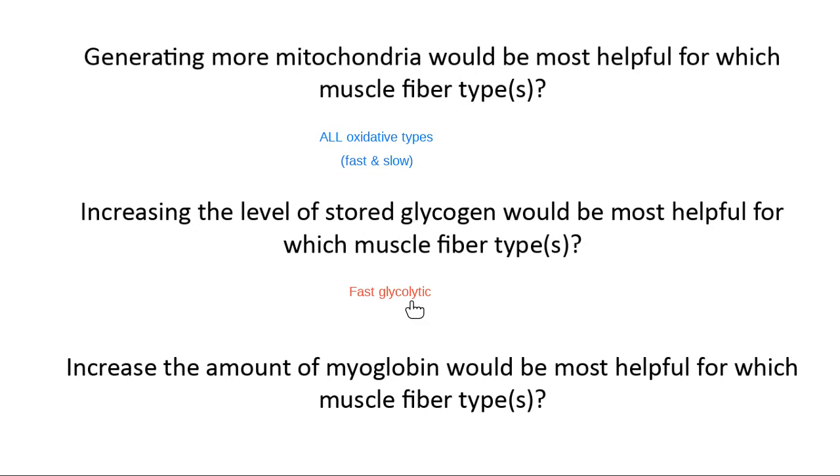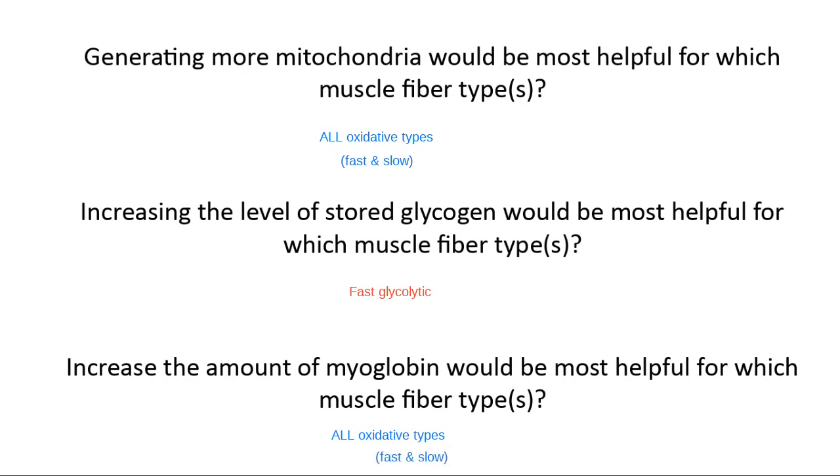And last question, myoglobin, my oxygen storing protein, who's that going to help if I give more myoglobin? Who's going to benefit from having more myoglobin? Yep, again, it's those oxidative types, fast and slow.